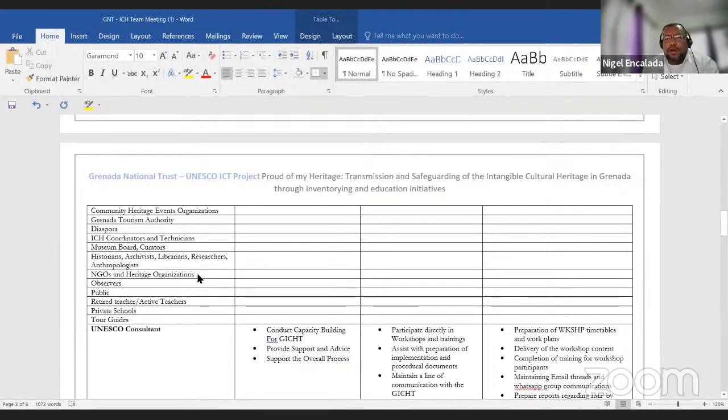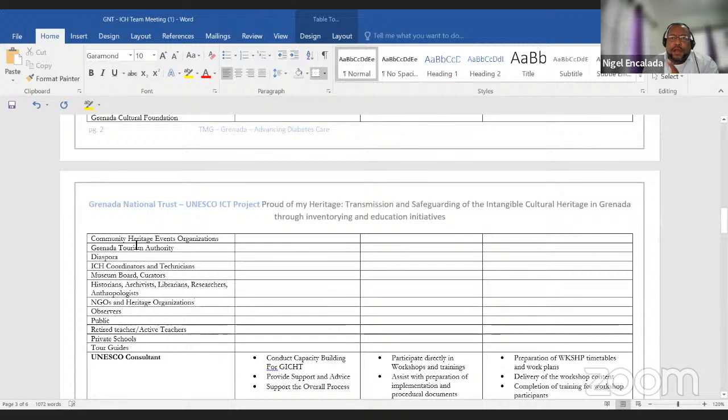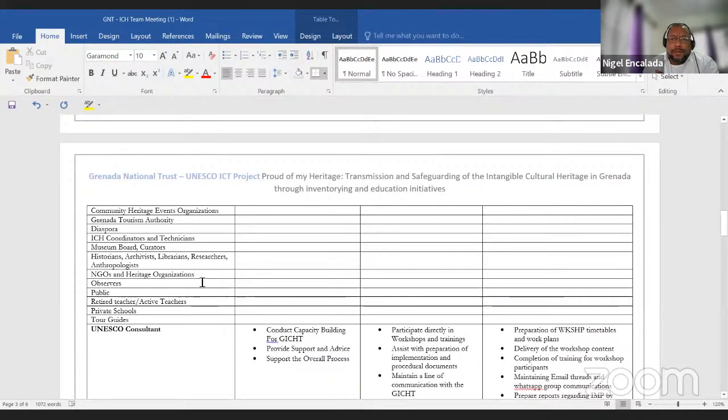So this would be a separate grouping than the groups that would fall under the foundation. Is that right? Yes, it's just like the National Trust, pure heritage, and it's not really a community organization. It looks after the community, but it's heritage management. Does this category stand in NGOs and heritage organizations?